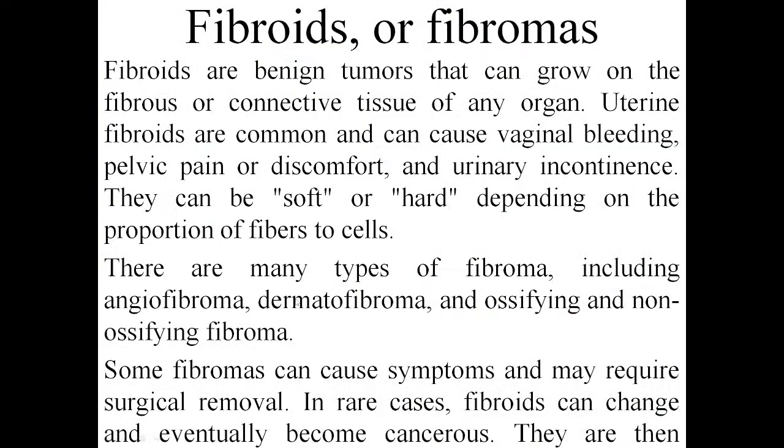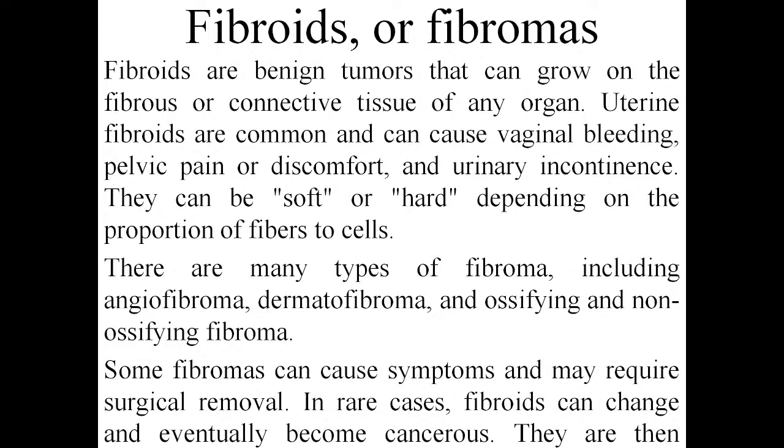The next type of benign tumor is fibroids, also called fibromas. Fibroids are benign tumors that can grow on the fibrous or connective tissue of any organ.